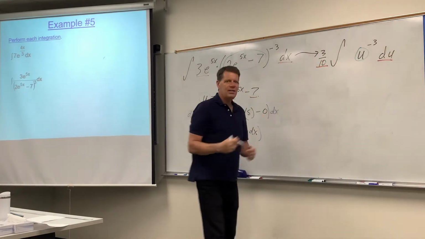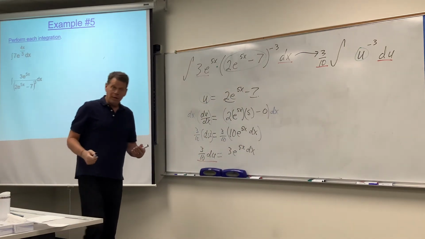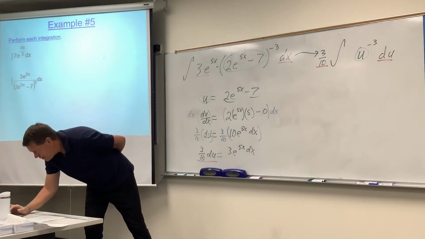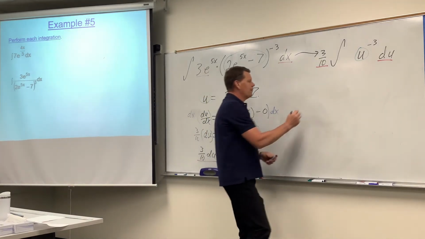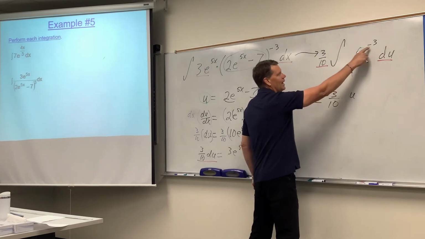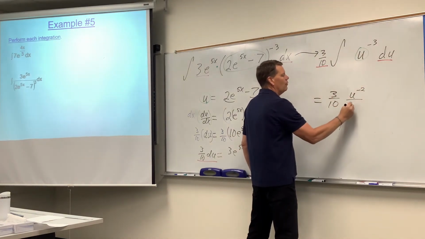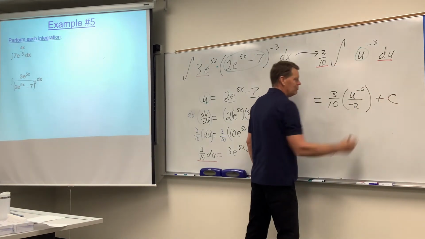And that's very easy to integrate because all it involves is our good old friend, the power rule, isn't it? So, 3/10 times u to the n plus 1, that'll be u to the negative 2, over n plus 1, indefinite integral plus c.